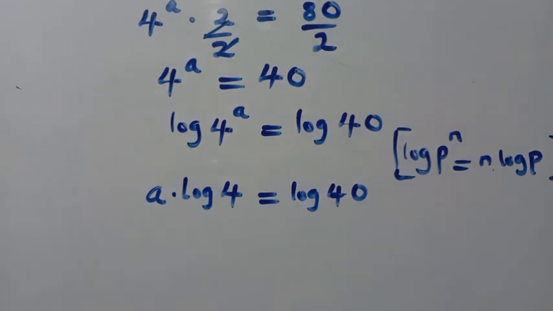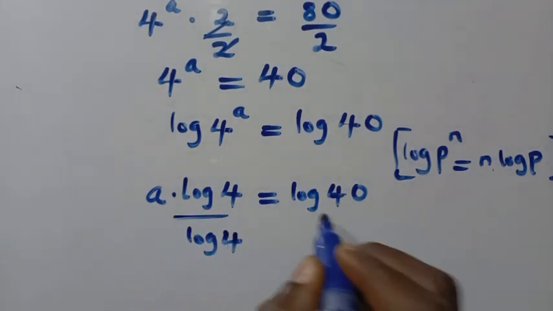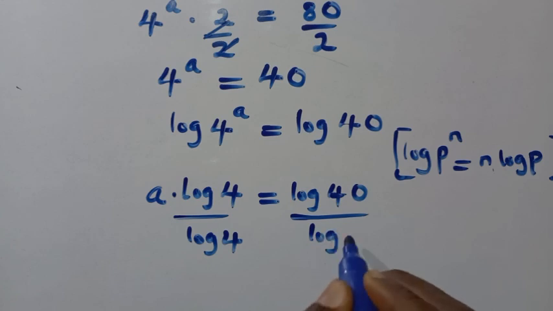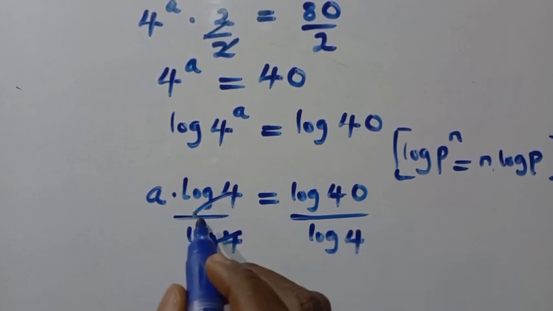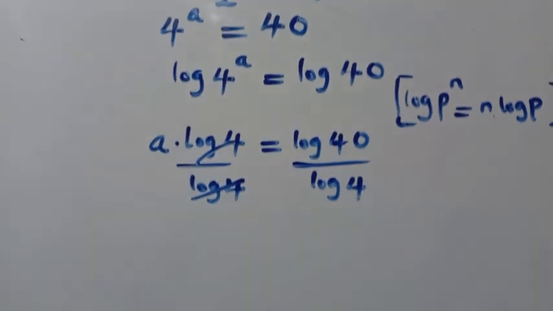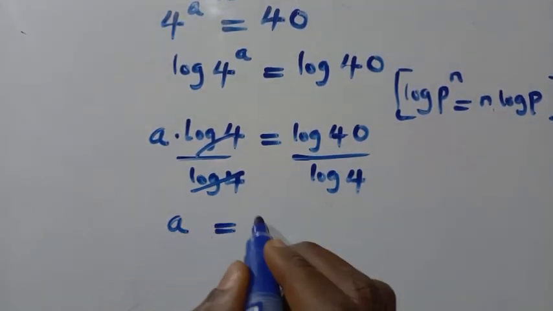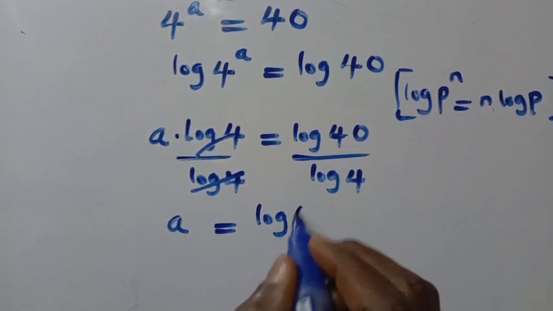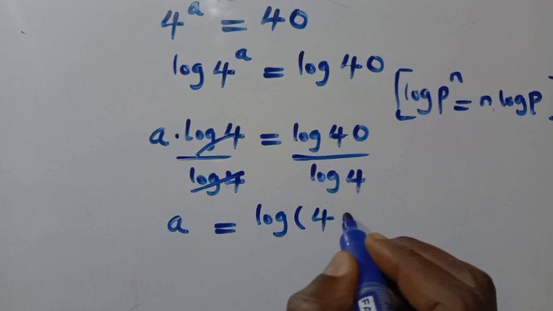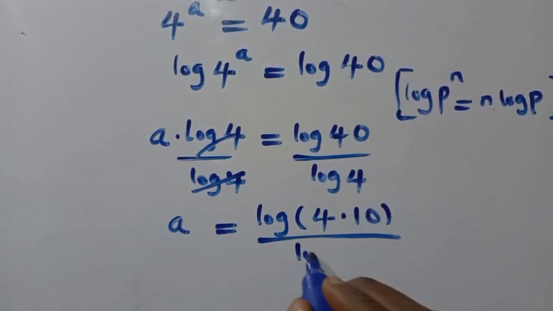So let's divide both sides by log 4. By dividing by log 4 here, we can see that log 4 cancels log 4. Then we have a equals log 40, and log 40 here, suppose we write it as 4 multiplied by 10, divided by log 4.